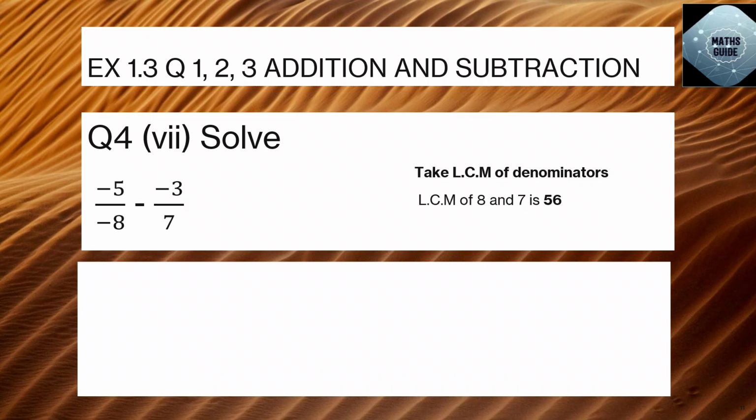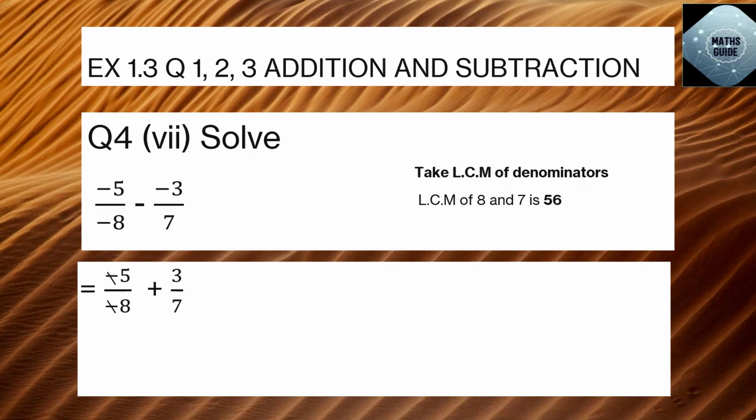Now exercise 1.3, question number 4, part 7. Here again we have to subtract as we have a minus symbol in between the two fractions. First of all, let's make this question more simple. How? We will eliminate these two negative signs to make this fraction positive, just like we did in the previous question.